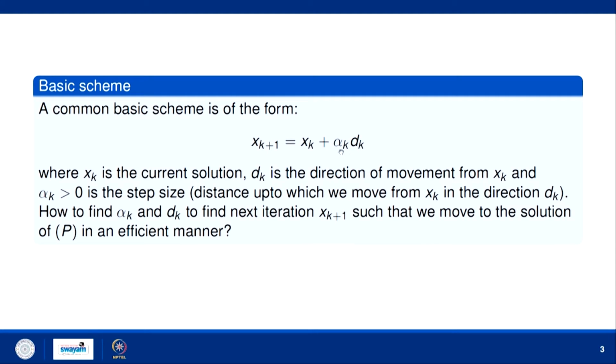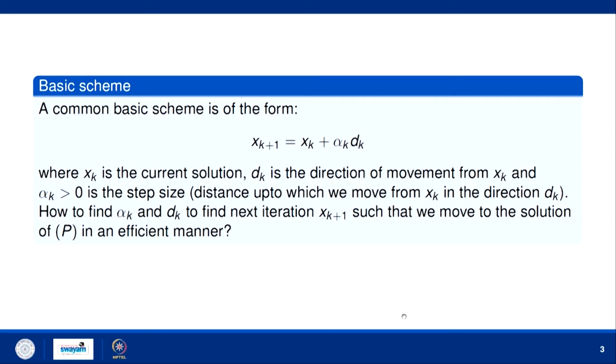Alpha k is a step size, optimal step size, and using this relation, x k plus 1 equals x k plus alpha k d k, the next iteration x k plus 1 can be found. So, here x k is a current solution, d k is a direction of movement from x k, and alpha k is a step size, the distance up to which we move from x k in the direction of d k to obtain x k plus 1.